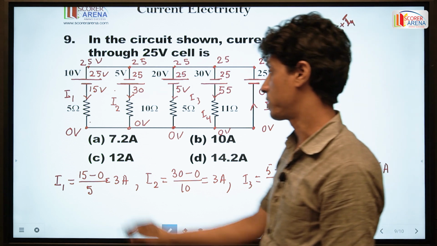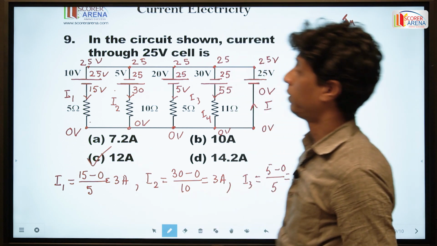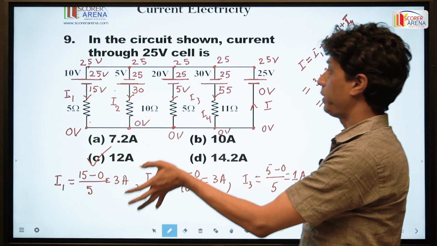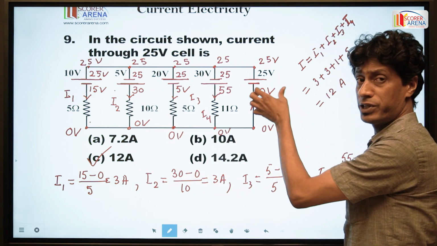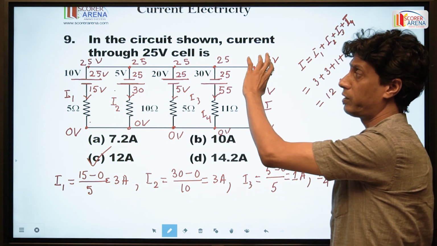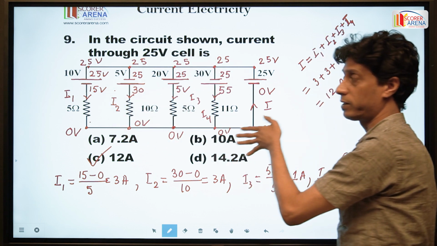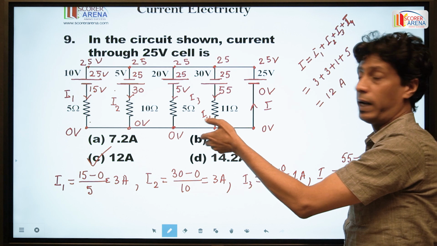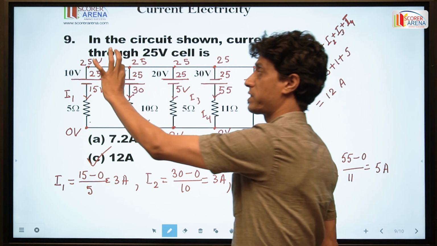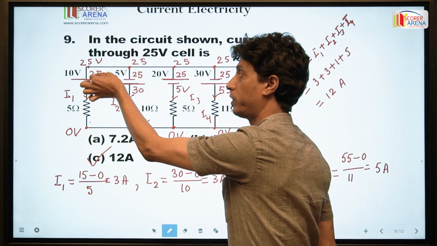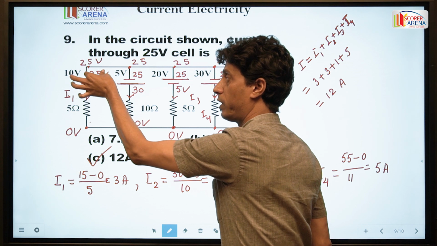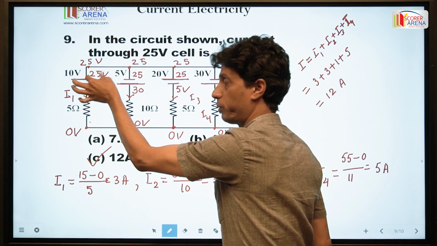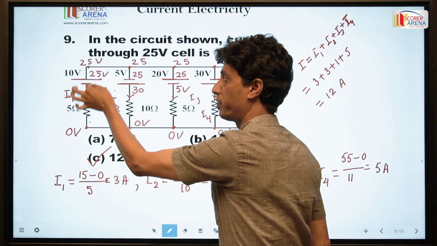So our right option is C. In this way, taking the reference potential 0 volt, you can find the potential of all nodes that are connected by a simple wire. And keeping the potential difference the same, you put the potentials on the two electrodes of the cell, that is 15 volt, 25 volt.